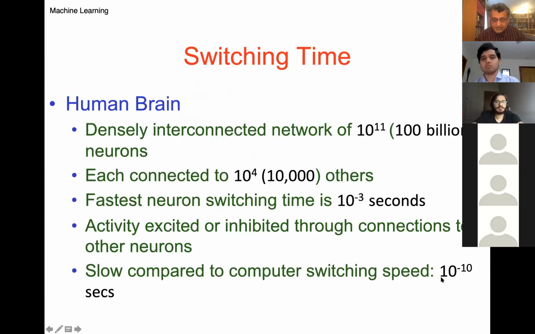So how fast does a switch in the integrated circuit take, right? In the sense, when you apply an input to a diode or a transistor, how long does it take to provide the output for a transistor, for a basic element of memory? It takes 10 to the minus 10 seconds, much faster than the fastest neuron in our brain.